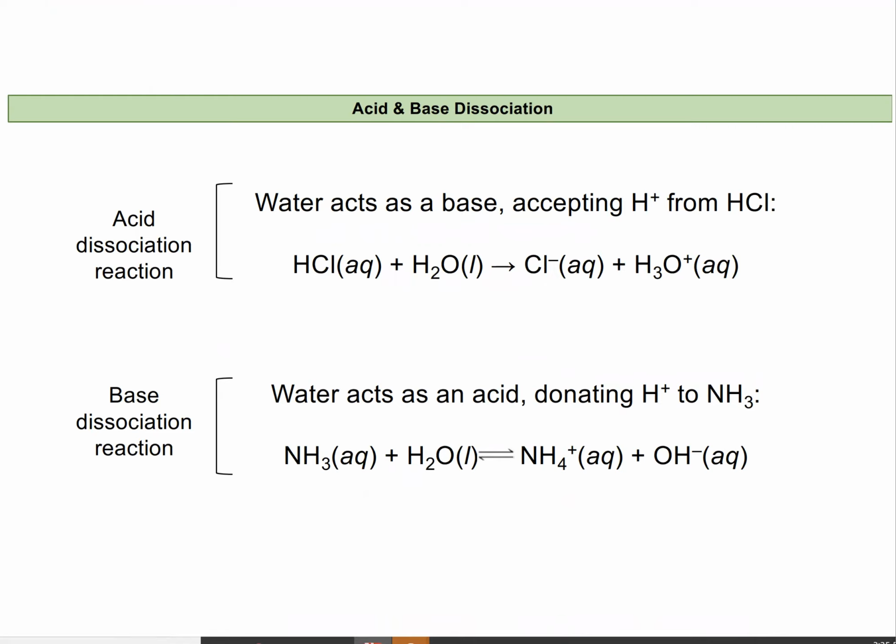So in our first example here, we have hydrochloric acid. There's a hydrogen here bonded to a halogen, and so that's an acid. And we have water. And because water is being combined with an acid, it will act as a base.